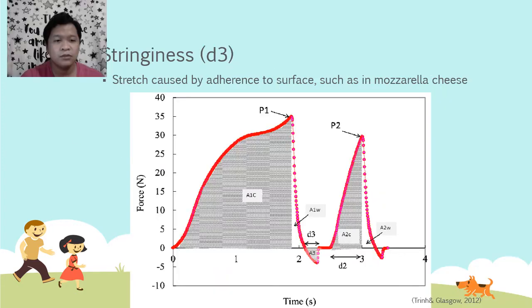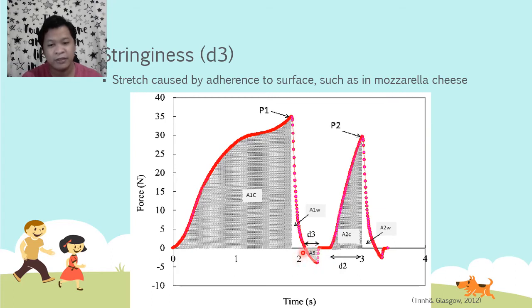Right? So stringiness, on the other hand, is defined as the stress caused by adherence to the surface of your teeth or mouth, such as in mozzarella cheese. So as you can see here, yung D3, yung force area niya is negative.